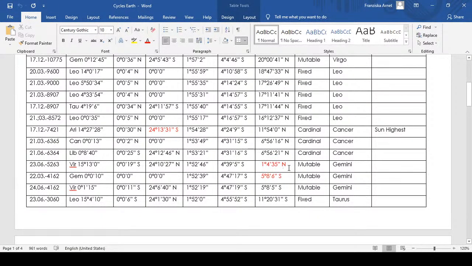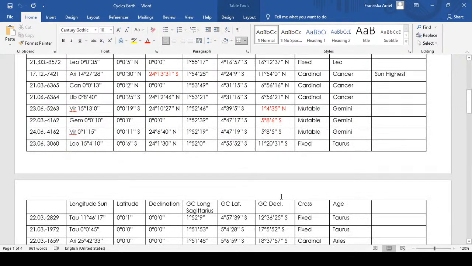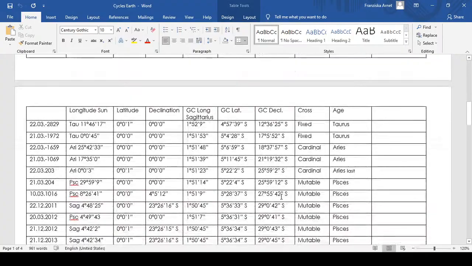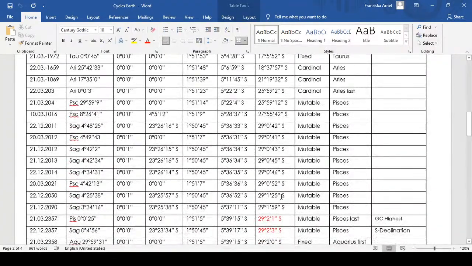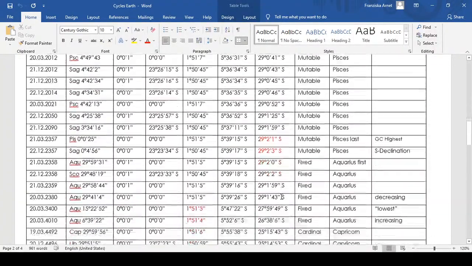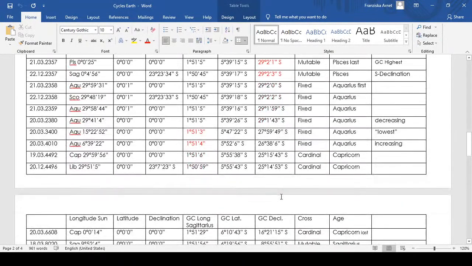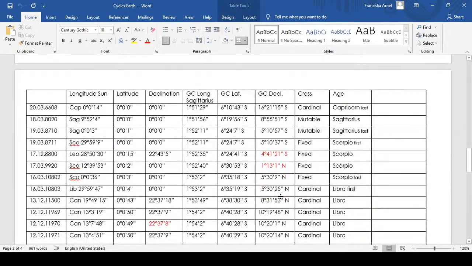It was still northern here, and then here it's southern, and then it stays southern and increases. And then here it changes again. It was south, and then it changes to northern declination, and you see that in this time frame here.